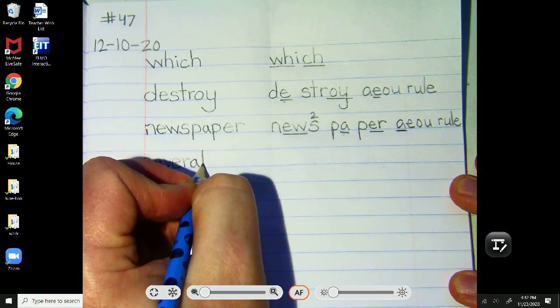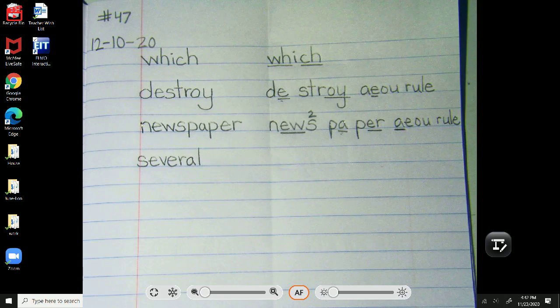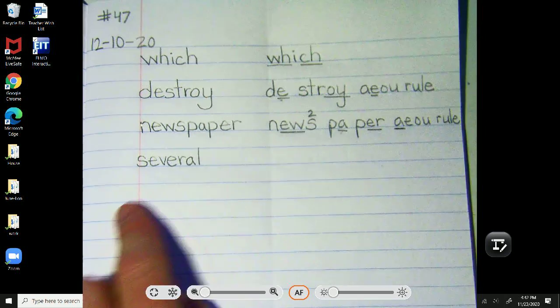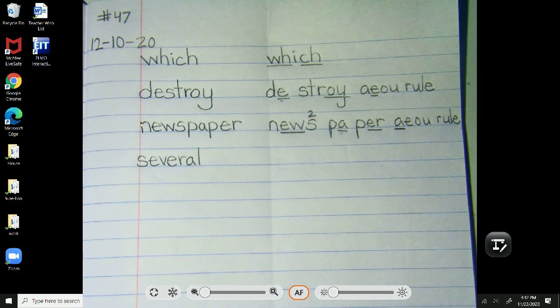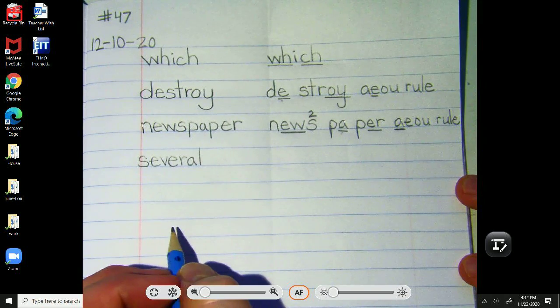So Al has several rocks in his rock collection. So keep that in mind. Al, right? Several. Pause for a moment. Analyze several. All right. How many syllables in several?